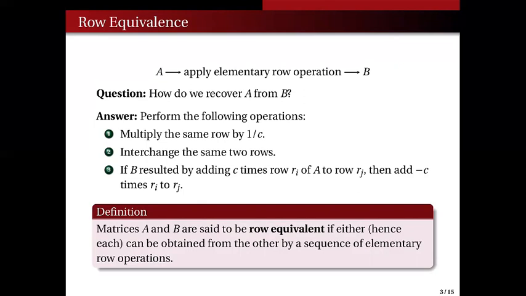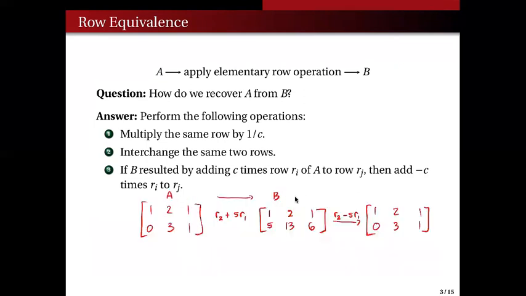So in here, you have A to B, you apply this, you can also have several elementary row operations to get a matrix B. Okay? So maybe you have matrix A, then you have operation 1.